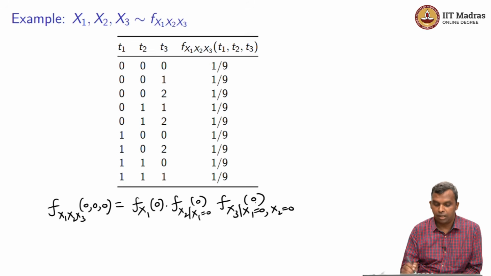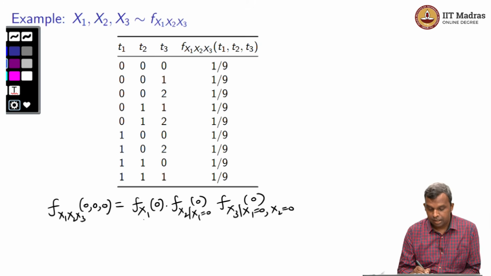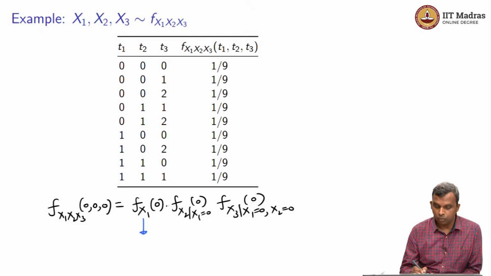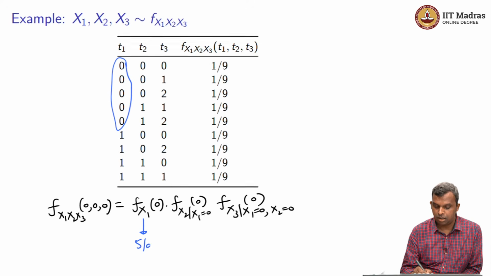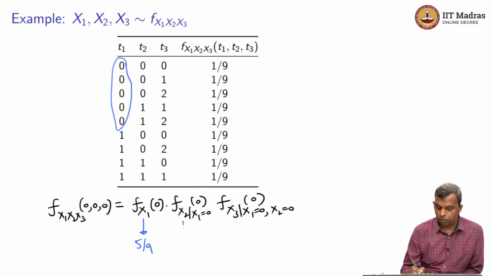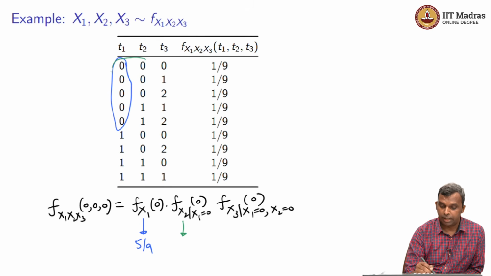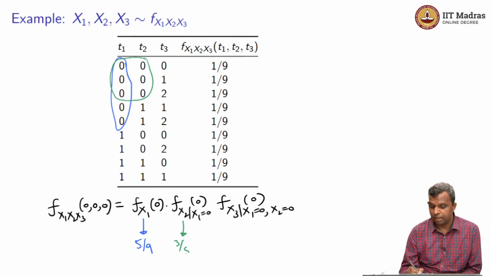Okay. So, let us do our little multicolor presentation once again. x1 is 0 is all these guys, that is 5 by 9. Then x2 given that one. If you want to look at x2 given x1 is 0, you have to look at this possibility, right. x2 equals 0 given x1 is 0, that is 3 out of 5, isn't it.